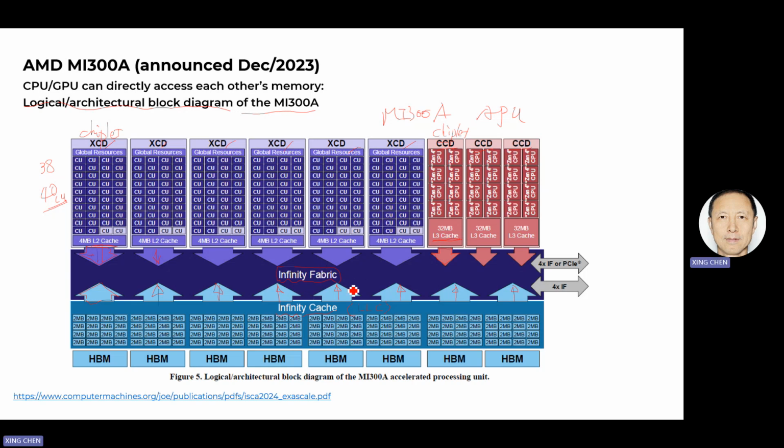So, the Infinity Fabric is also on the I/O die, on the I/O chiplet. For this MI300A to be connected to the other systems and also to other nodes, you have 4 Infinity Fabric links, and you also have 4 Infinity Fabric or PCIe links to be used to connect to the other components of the system.